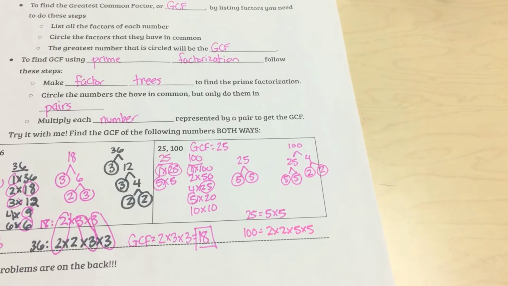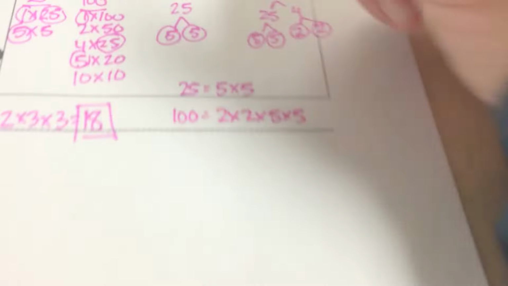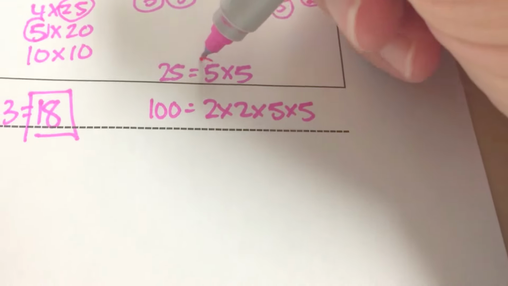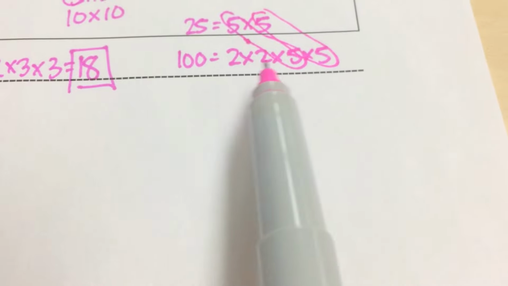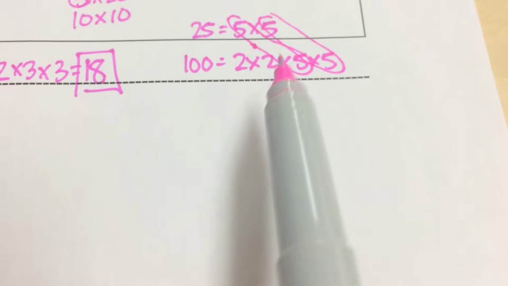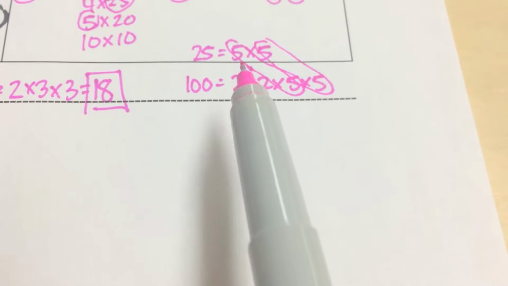What do I have to do next? Circle my pairs. Okay. They both have a... Sorry, my paper was moving. I was trying to hold with my elbow. They both have a 5. And they both have this 5. Now, I have a lot of you who probably wanted to circle these 2s because that's a pair of 2s. The only reason I can't circle these 2s is because they don't have it in common.